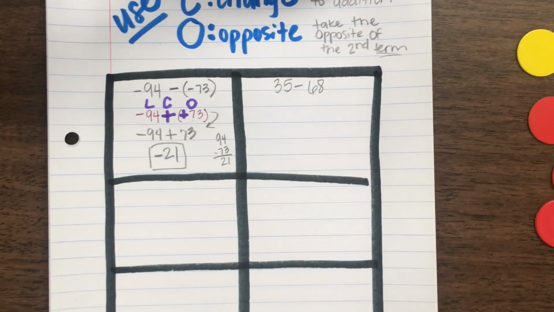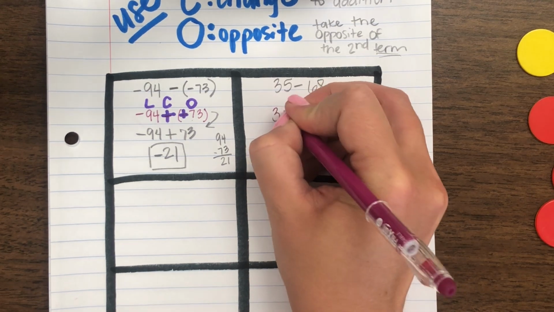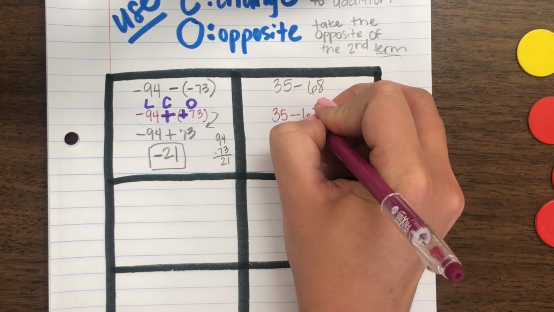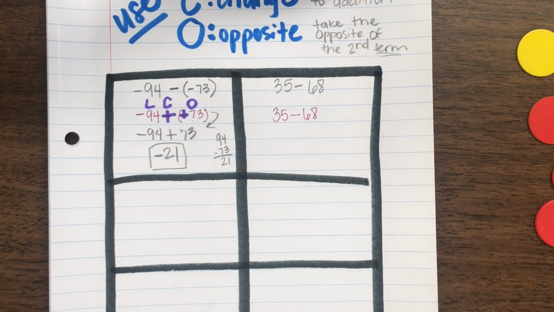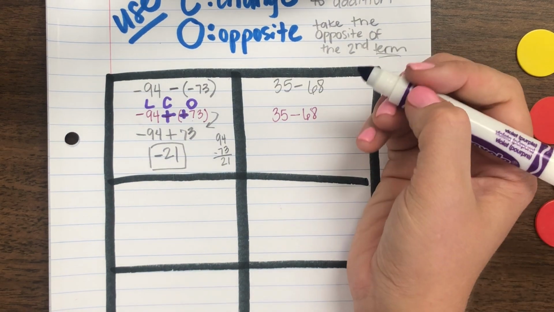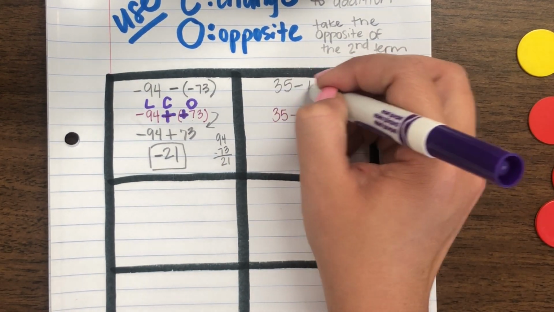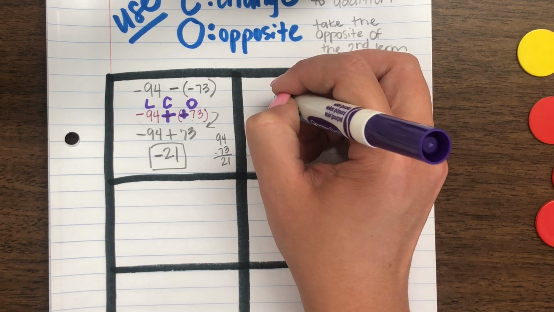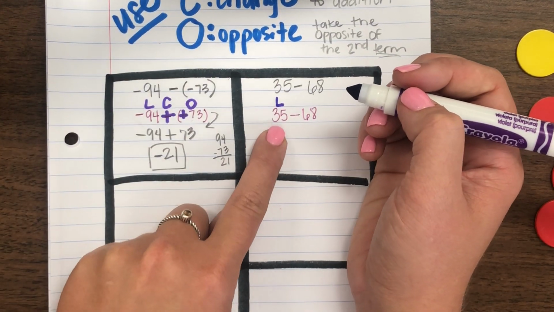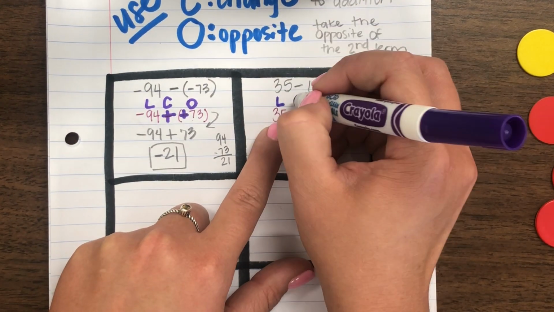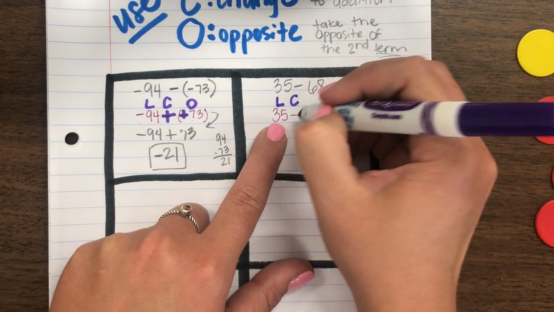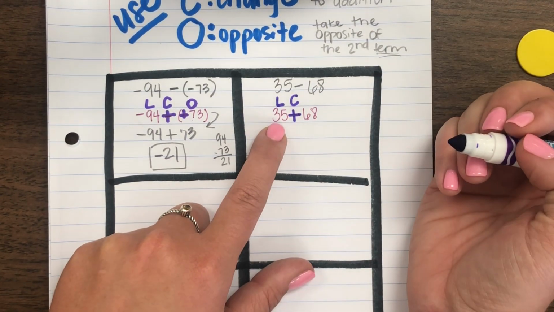So I'm gonna rewrite it down here, 35 minus 68, and I'm gonna do my LCO step in another color, okay? I always wanna have the original up here just so I can see how it started. I'm going to leave the first term. C stands for change subtraction to addition.